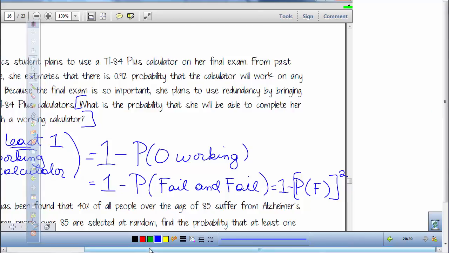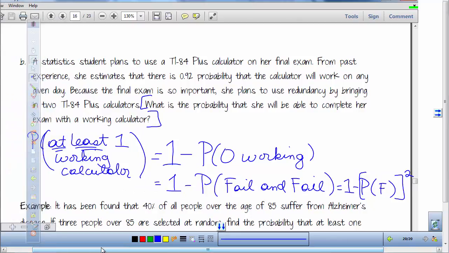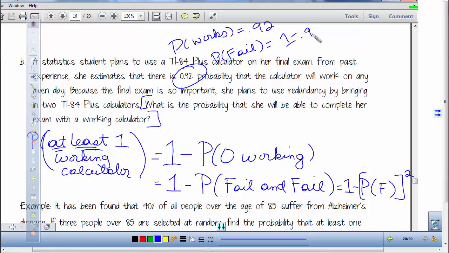Okay, now we know that the probability that the calculator works is 0.92. So again, using the complement rule, the probability that the calculator fails to work is going to be 1 minus 0.92 or 0.08.